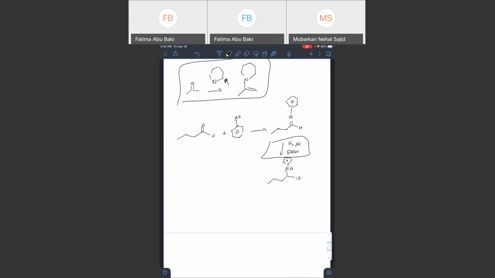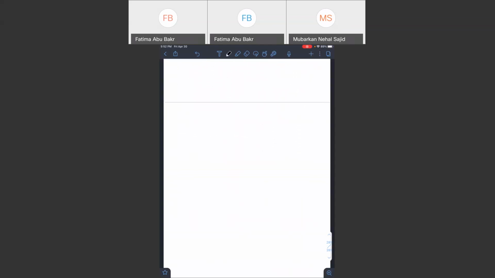So here we have the Hoffman elimination. We have a nitrogen with a positive charge and also an OH to balance that with a negative charge. So it's a salt essentially. We'll learn how to form this actual salt in just a second.